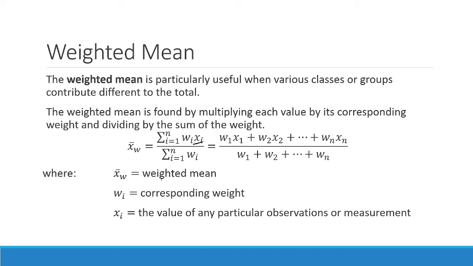Wherein, for example, for those five point na scale, pwede mong i-assign yung value para sa strongly agree will be 5, 4 for agree, 3 for neutral or neither. Then we have 2 for disagree and 1 for strongly disagree.